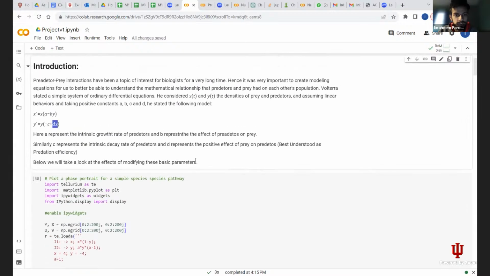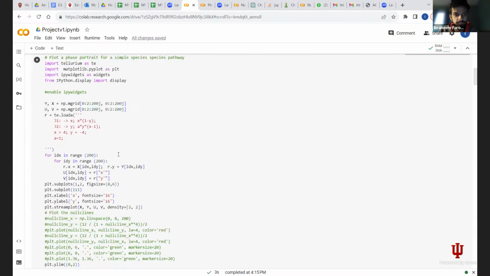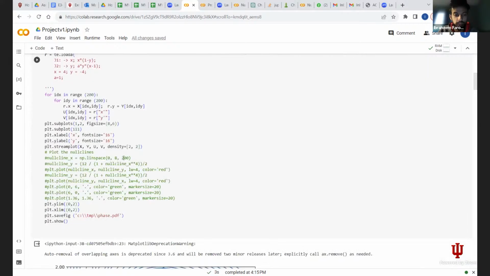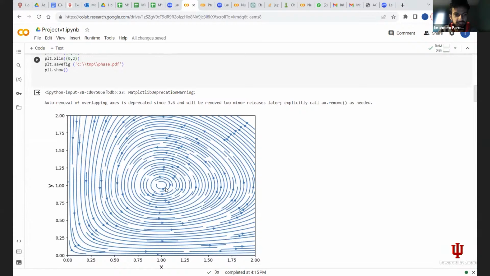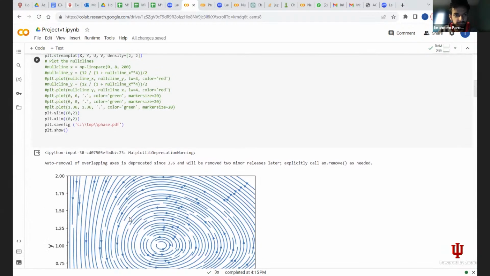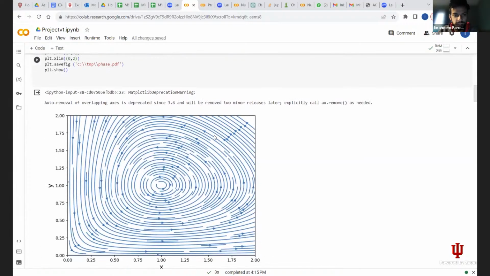So below, we'll take a look at this simple Lotka-Volterra model plotted. As we've seen in class, it's a simple scenario with an equilibrium constant, the predator and prey oscillate based on their initial starting conditions, and they live in relative harmony.